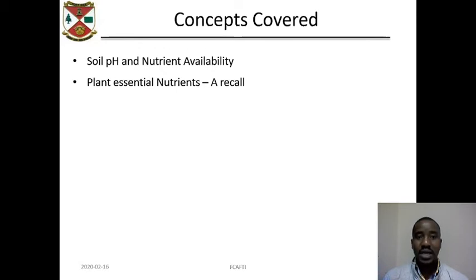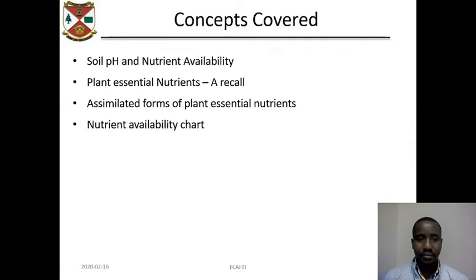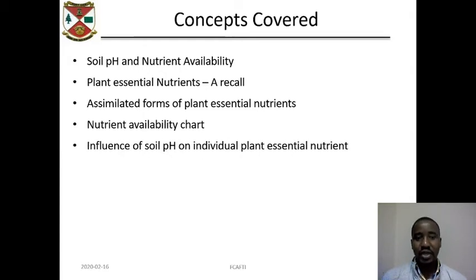Remember, we talked about plant essential nutrients in general, the assimilated forms of plant essential nutrients, which is also a reminder, and the nutrient availability chart, which is also a reminder. But in this lecture, we want to talk about these concepts in detail. Then the influence of soil pH on individual plant essential nutrients, and soil pH and crop production, or the importance of soil pH in crop production.